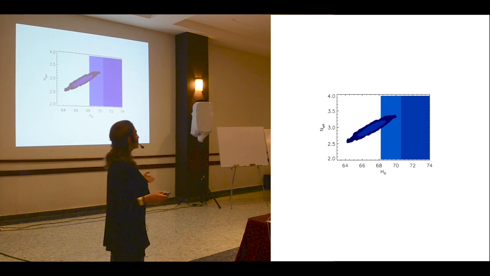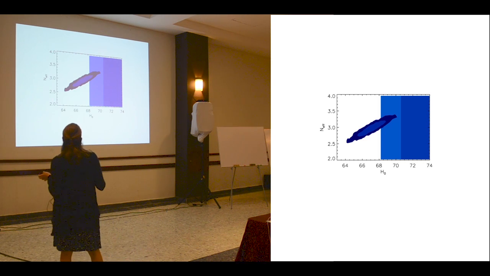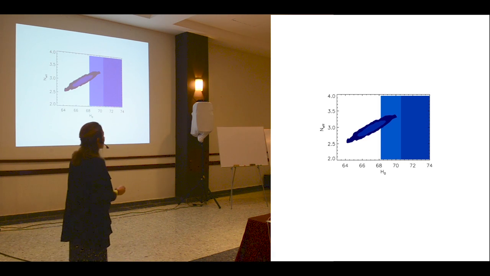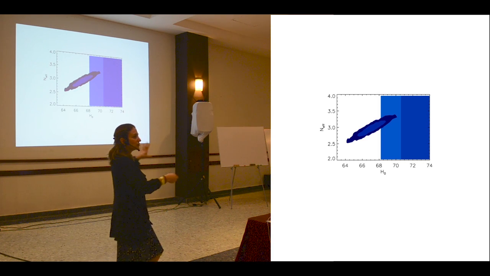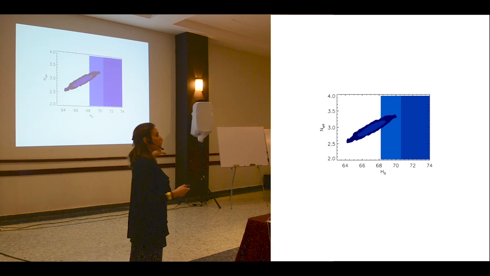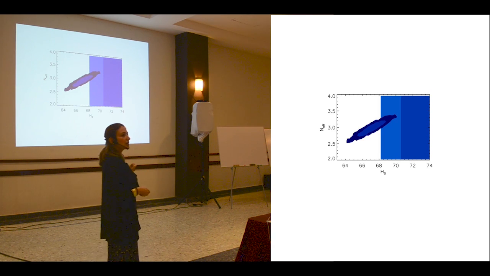Okay, you should have found something like that. This is the value of H0, this is the number of effective species, and these confidence contours are a little bit bigger or a little bit smaller depending on whether you use the chains that have only the temperature and the polarization only at low L, or the one that also has the polarization at high L, but you should have found something like this.